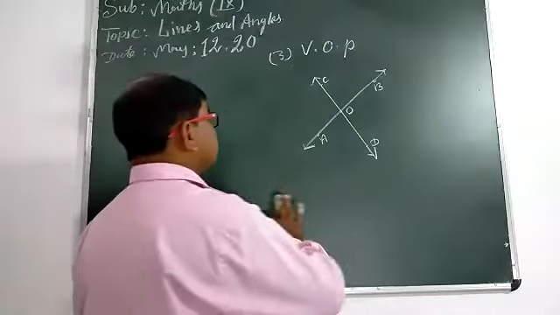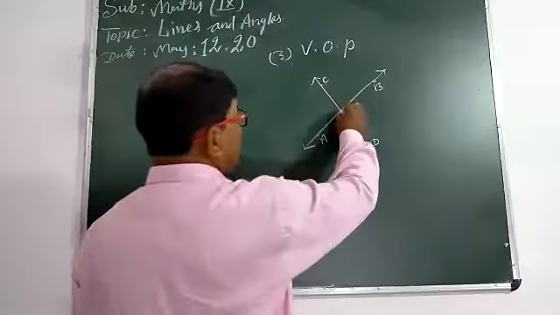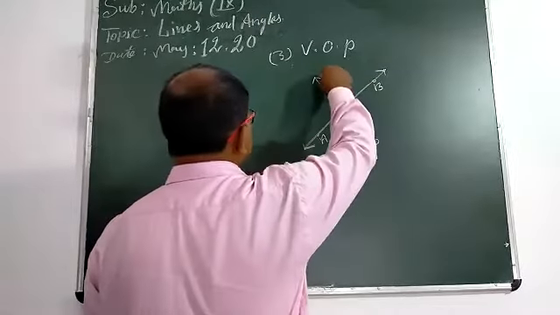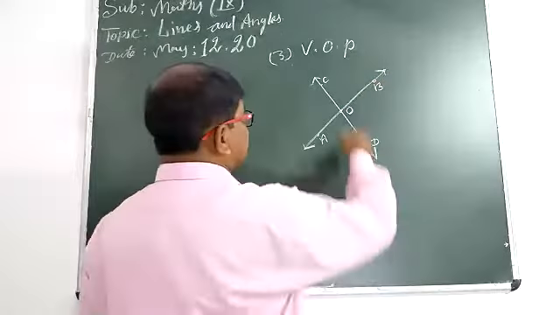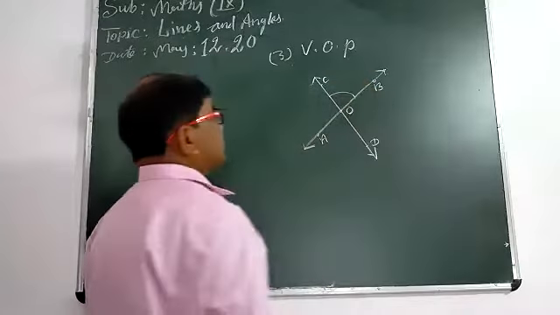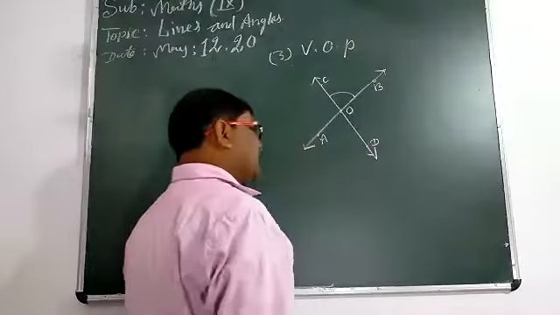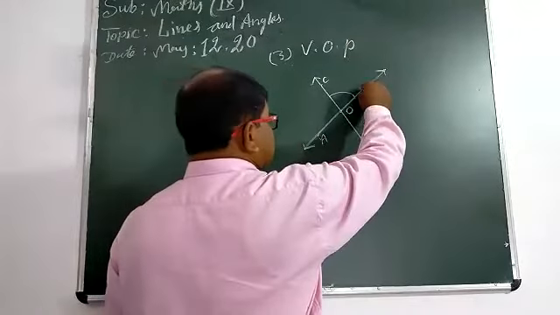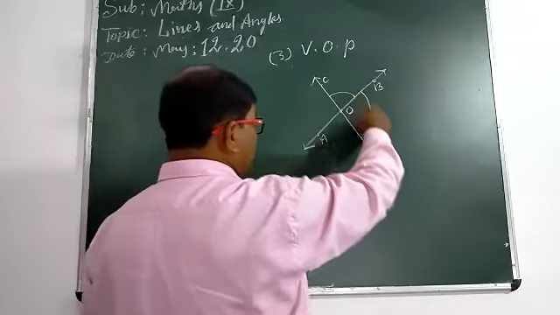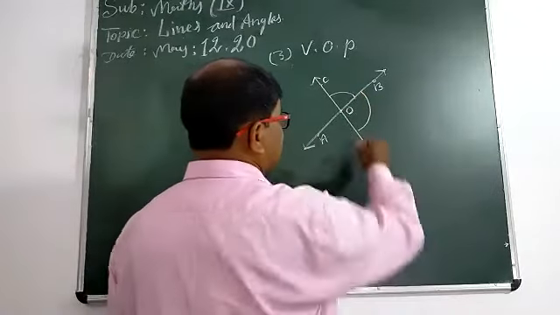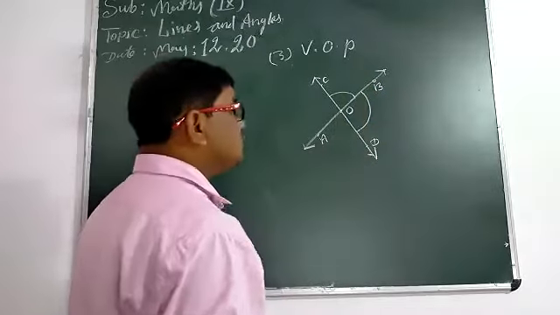Now student, we should think about inclination. From here, you can say OC is a ray, OB is another ray. There is an inclination between these two rays, so this is an angle. In the same way, OB is one ray, OD is another ray, with an inclination between these two rays, so this is an angle also.